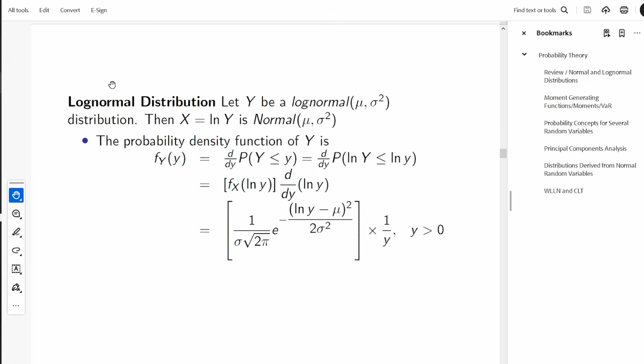And here's the density of the lognormal distribution. It has the same form as the Gaussian density, plugging in log y instead of x. But then we need to multiply that by the chain rule derivative of h with respect to y, which is 1 over y.